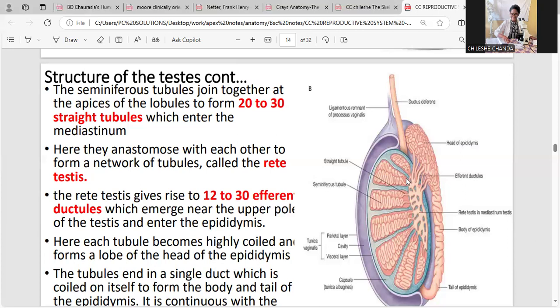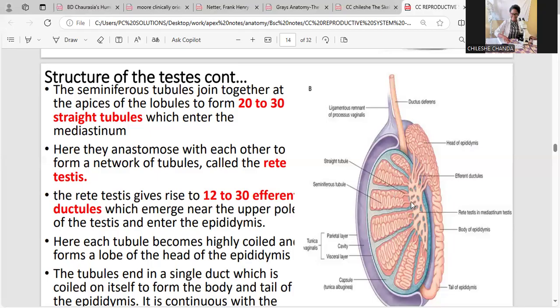And when they join together, they form what are known as the straight tubules. If you look at these seminiferous tubules at the apex, they are straight, and so these are known as the straight tubules.